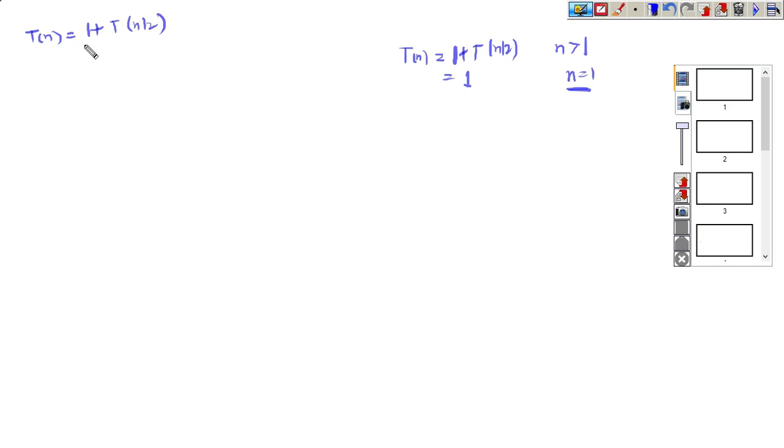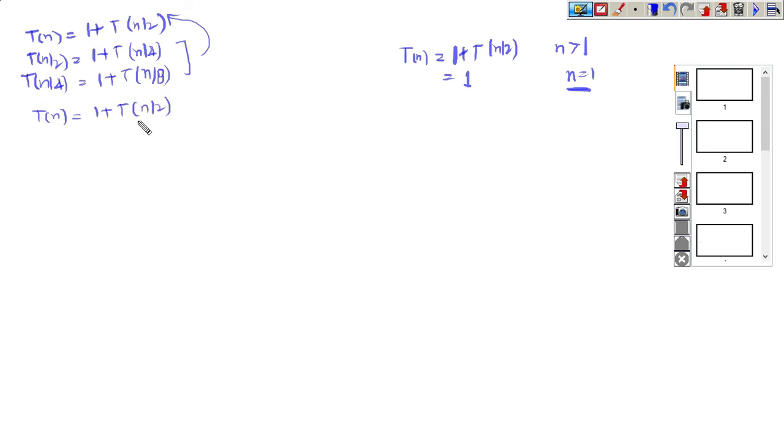So T(n/2) can be written as 1 plus T(n/4). T(n/4) can be written as 1 plus T(n/8). So I am putting these values in my main equation. We have T(n) equals 1 plus T(n/2). I'll replace this value from here.